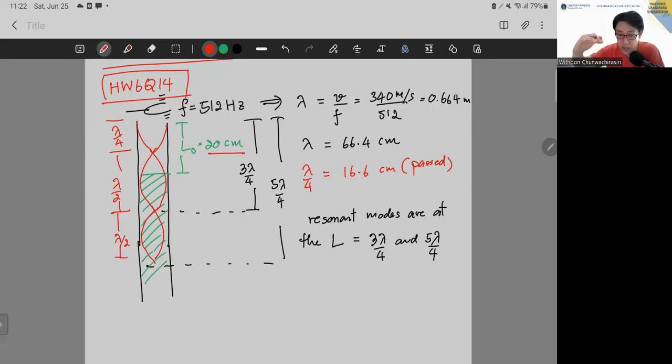And then you keep lowering the water level further until you hit 5 lambda over 4. You have another loud sound coming out. And then you can keep lowering it more and more if you want, up to the size of that glass tube in the problem.